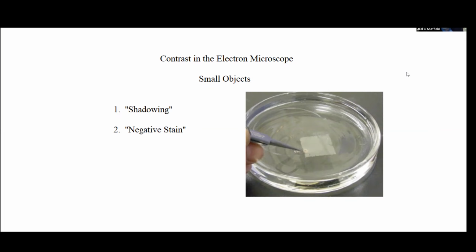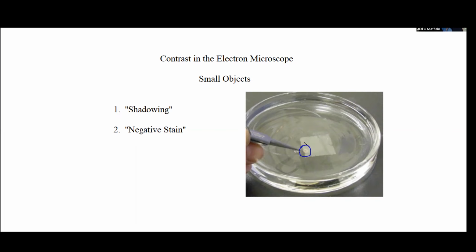There are a couple of ways of looking at these things, but I thought first we really needed to get at least a somewhat better idea of what the samples actually look like and what it's like to put something into the microscope. So this picture here actually includes one electron microscope grid, which is this structure right here, attached to a forceps.